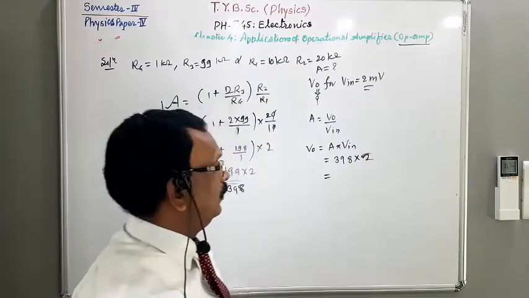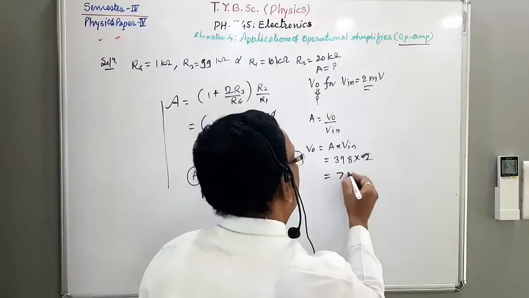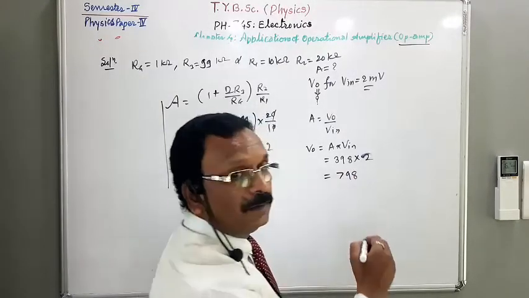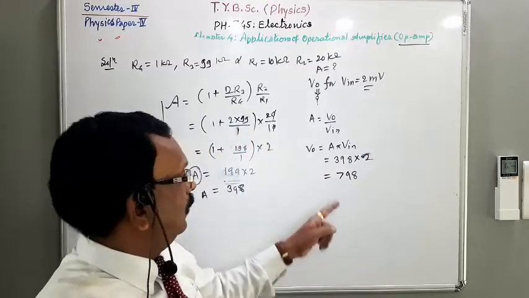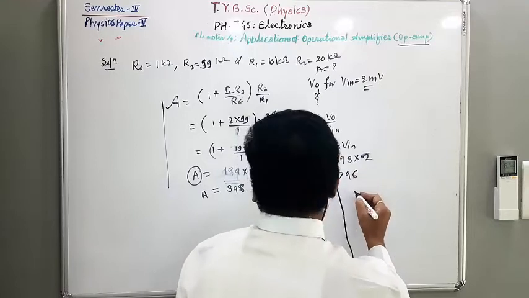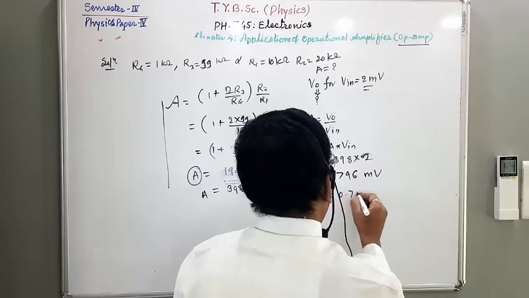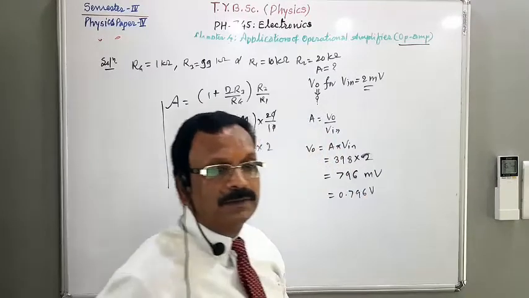So the output is 796 millivolt, or 0.796 volt.